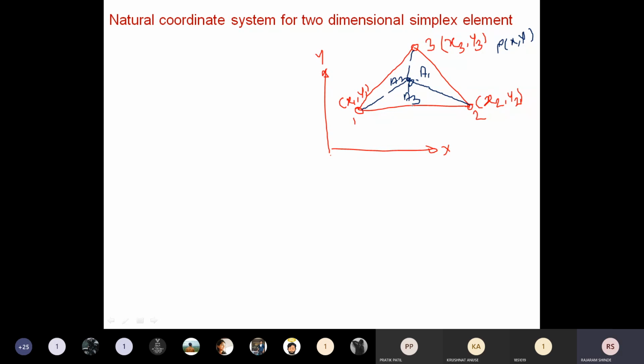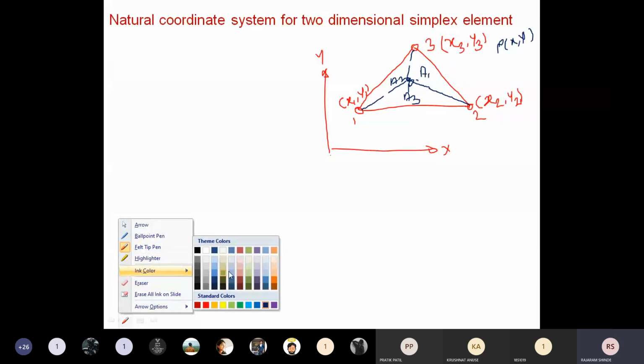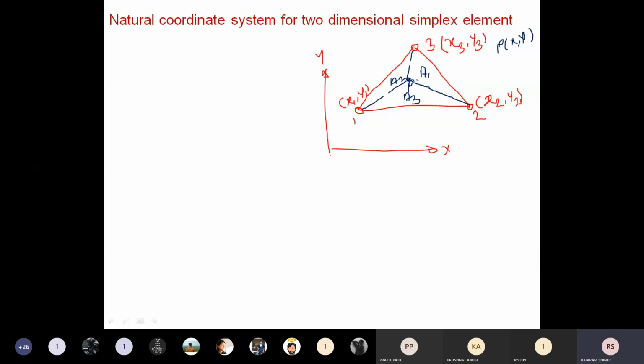This is the area opposite to node number 3, or it is the area formed by point P, 1, 2. I will change the color of P. This is your point P, and this one is A3.